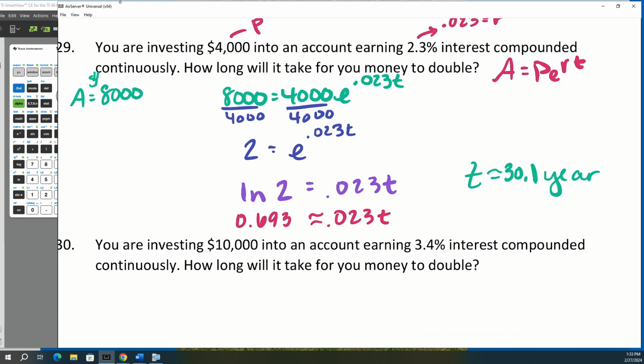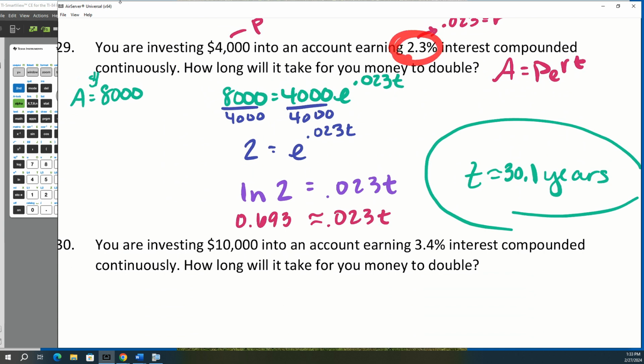So no matter what you start with, if you start with $1, it is going to take 30.1 years until it's $2. Well, that's how it works. It doesn't have anything to do with the bank account. What makes it grow faster is this right here. Interest. Yeah. So if you put in 4 million, after 30.1 years, 8 million.